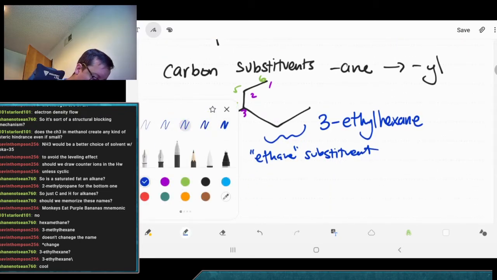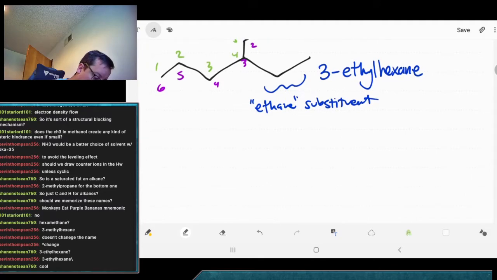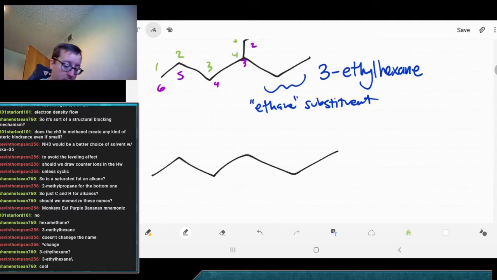How about this one? I'm being nice for these ones. I'm going to make all of our chains really obvious. Now we've got a couple of things on here. Our longest chain indeed has, we'll just say it's the one in the middle.